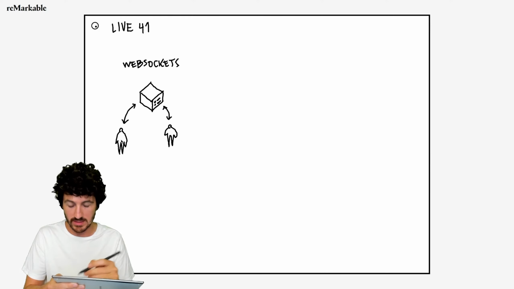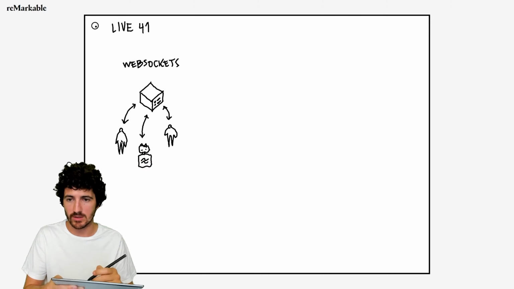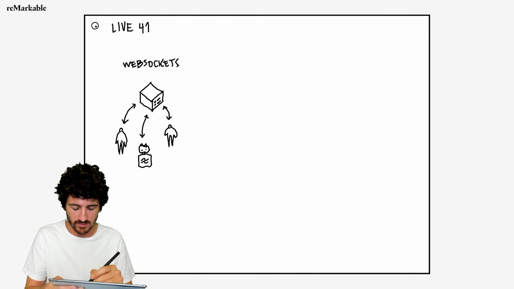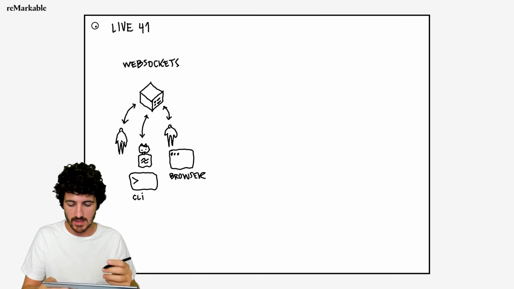So they're sending data and they're getting it. And we can say that we can connect a bot here, which has some sort of neural network in it. And it can also send. So this is a computer that is sending and receiving information. So you can send things maybe from an application, from your browser, and then a system can send from the command line. So let's say CLI, browser.